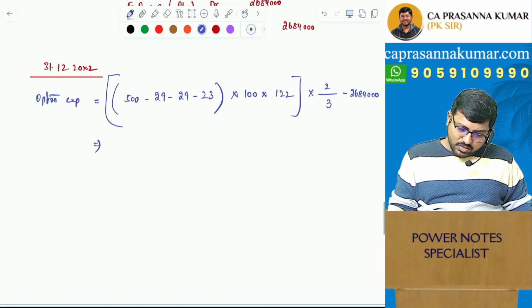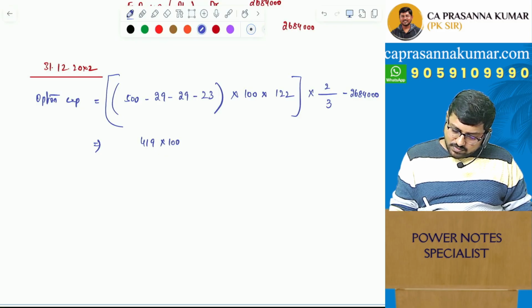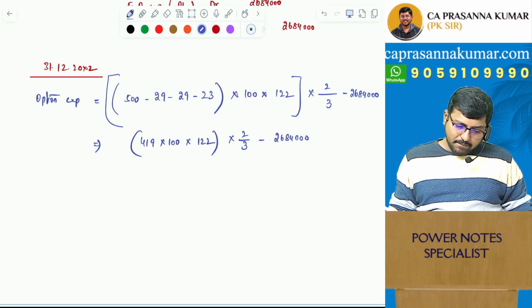That is equal to number of employees 419 into 100 into 122 into 2 by 3 minus 26,84,000. That's it.